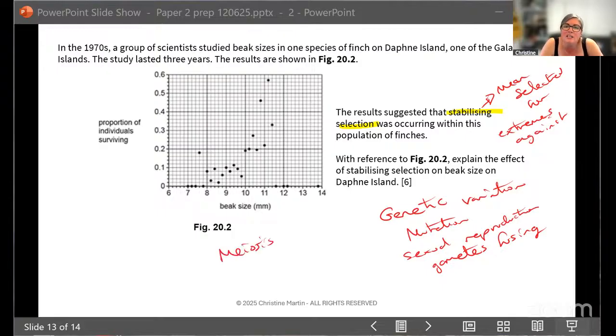Meiosis. So then you need to think about what meiosis is. Meiosis can result in independent assortment. Variation can happen because of crossing over, if they are linked genes.